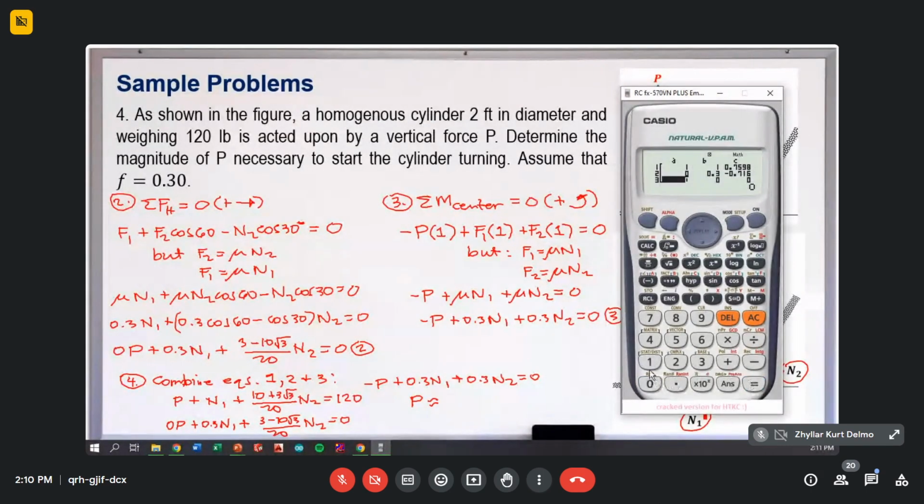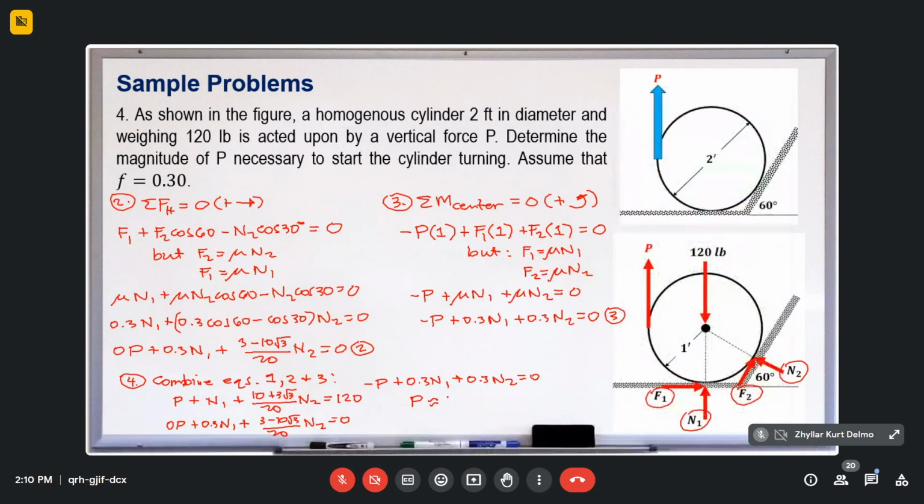Then the last one, we have negative 1 as the coefficient of P, then 0.3 for N1, and then 0.3 for N2, and 0 again for the constant. Press equal, and the value of the force P is 29.29 pounds.